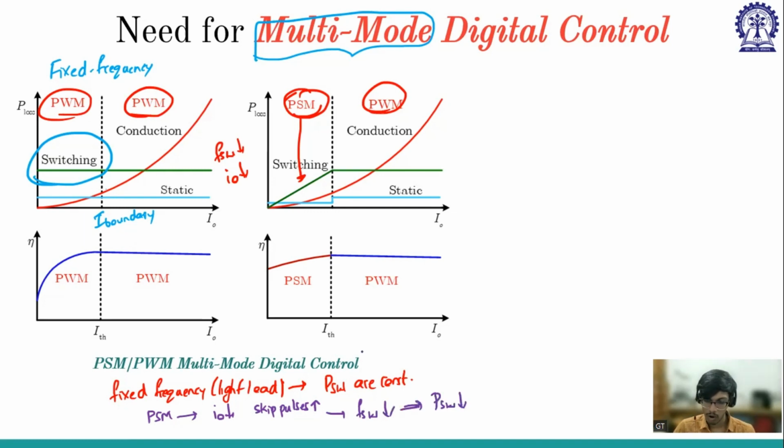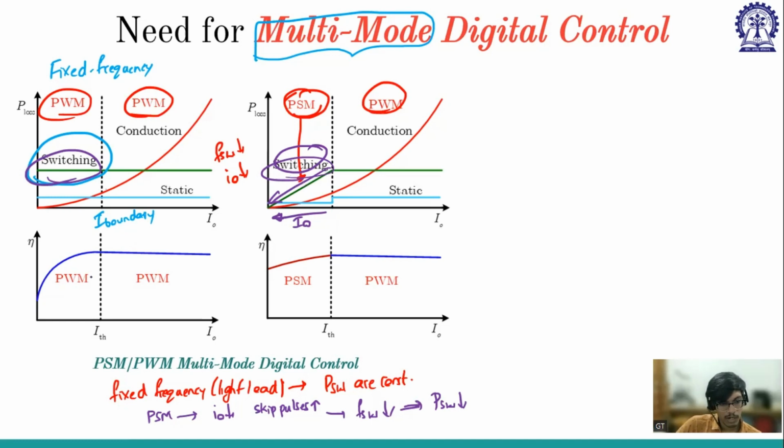So when I operate in PSM at light load, my switching losses will decrease as I0 decreases, which is the thing that I want. Here it is constant, here it is reducing. Although it is not zero losses, the losses are getting reduced, because zero losses is next to impossible. There will be losses anyway, but I would like to improve efficiency.